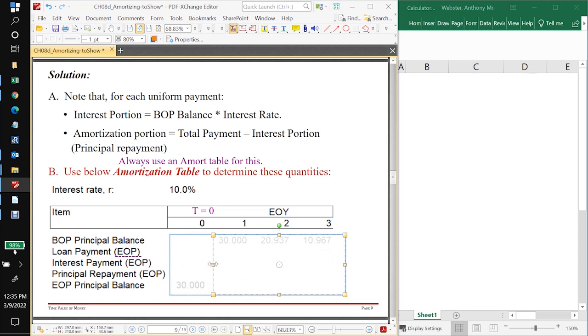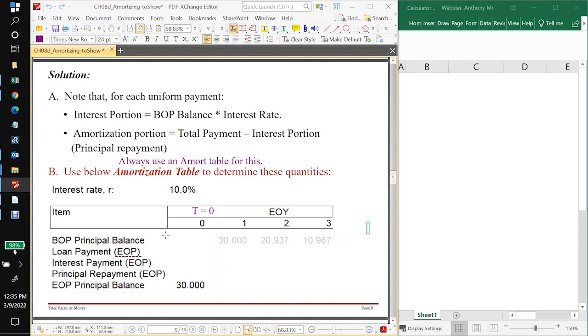Let's start with t equals 0. There's no beginning principal balance, and no loan payment is made. It's the very start of the contract, exactly when the contract is being signed. As soon as the contract is signed, the clock starts running, and at t equals 0, the ending balance is 30.